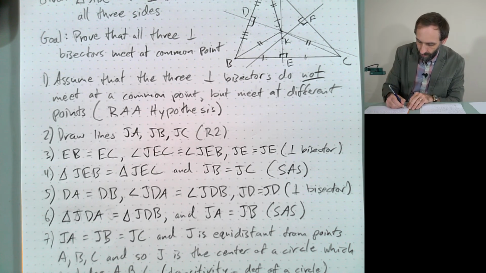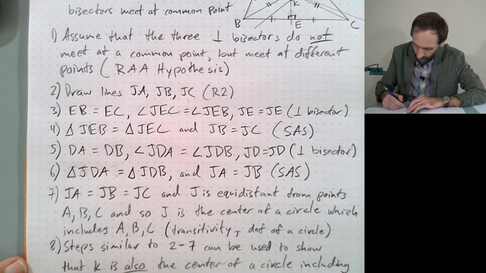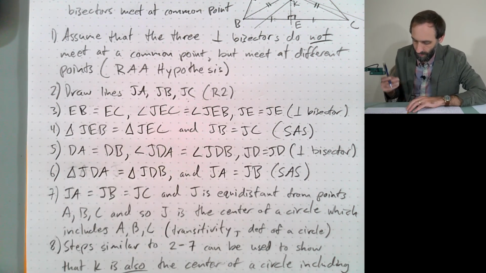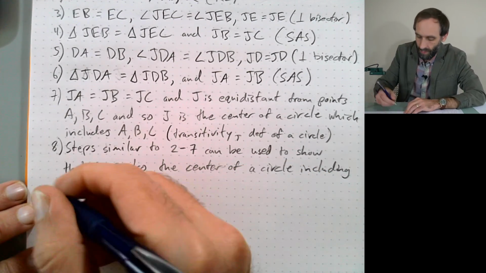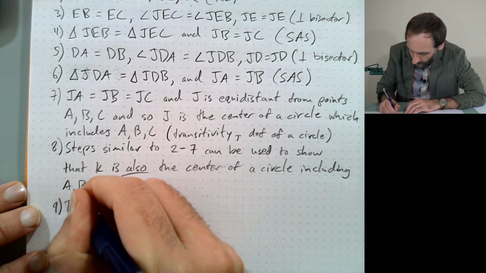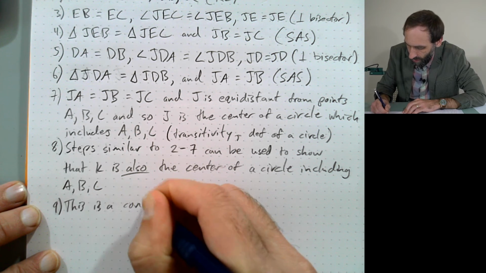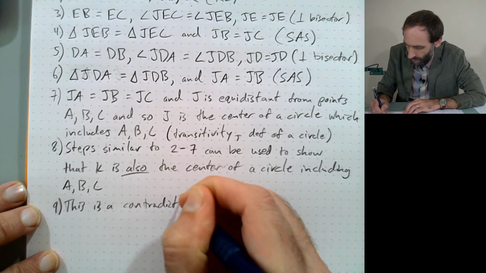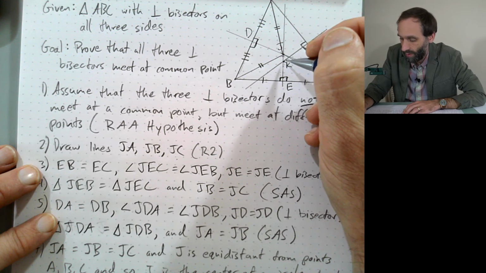So step 9 is as follows. This is a contradiction. We assumed that there were two different intersection points, J and K, at least two.